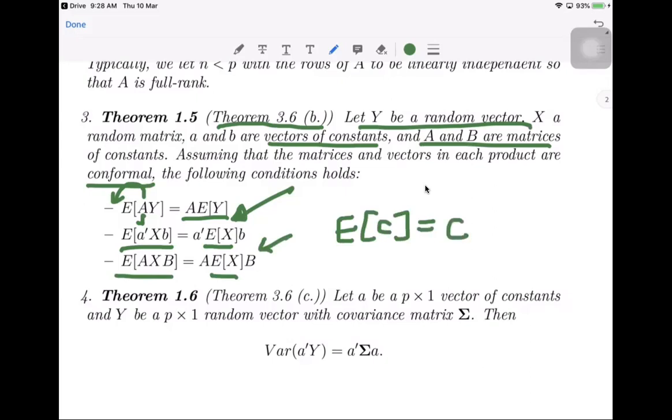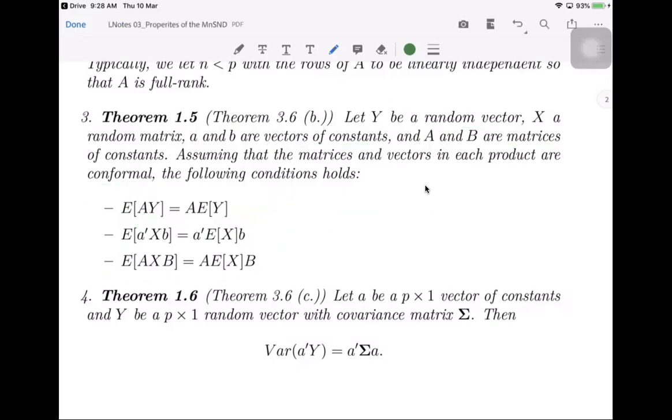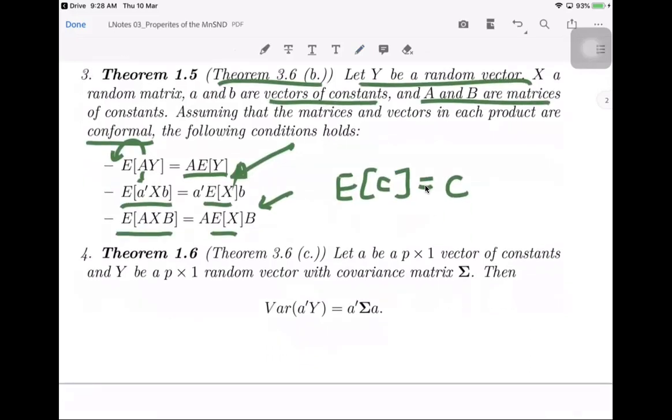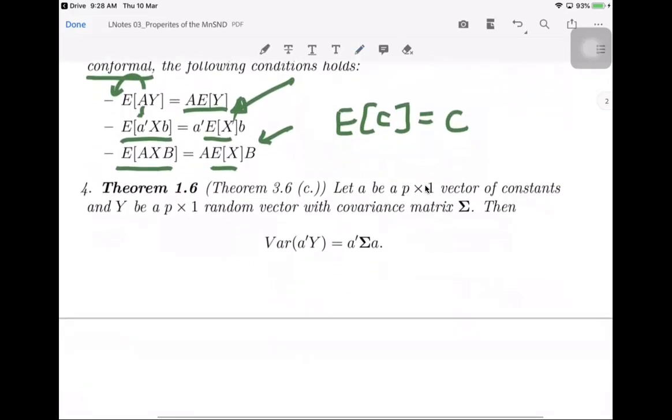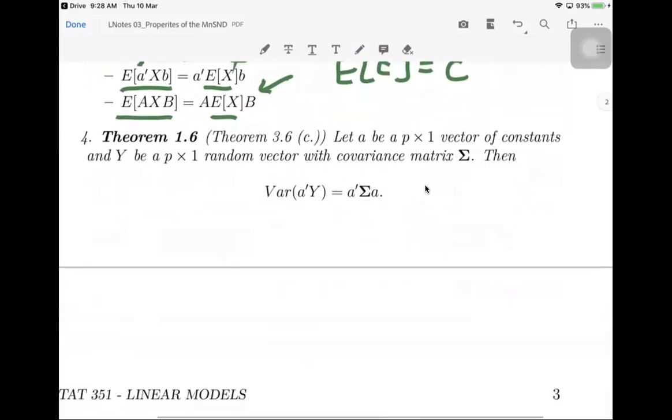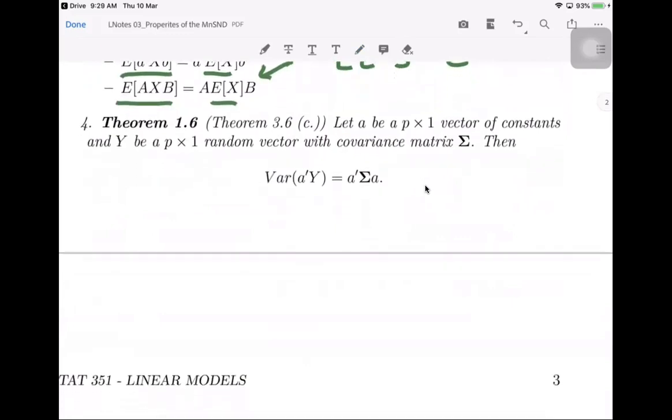So all you have to get is just the expectation of your random variable or your random vector or your random matrix. But for variances, this will not be straightforward.